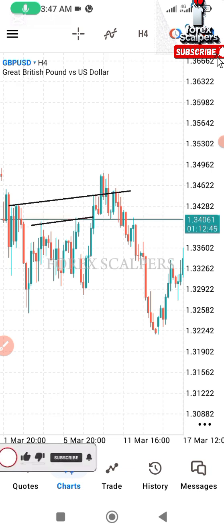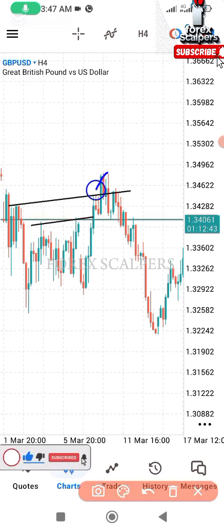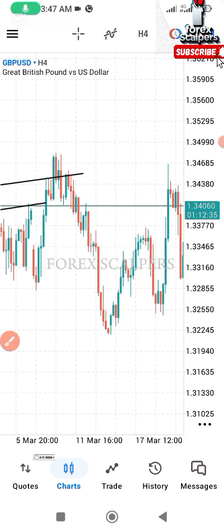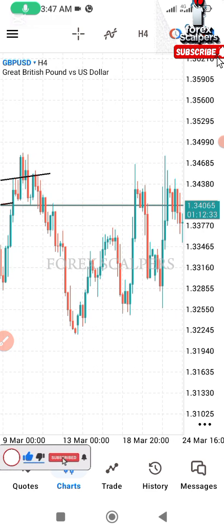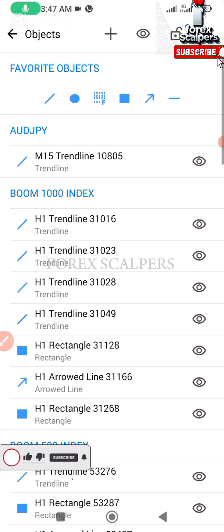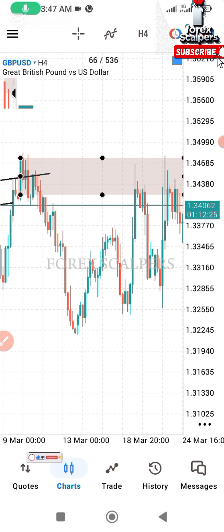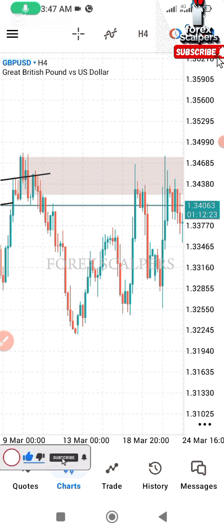So obviously you had this candle that took away liquidity. So now that you have identified a candle that takes away liquidity, the next thing is for you to mark out that particular candle. So this candle takes away liquidity. So you mark it out. So you see how I've marked out that institutional candle.